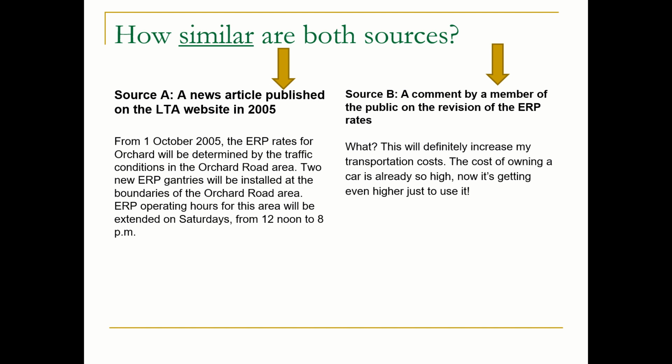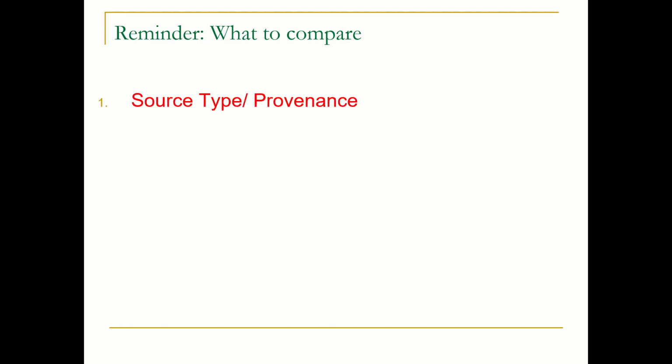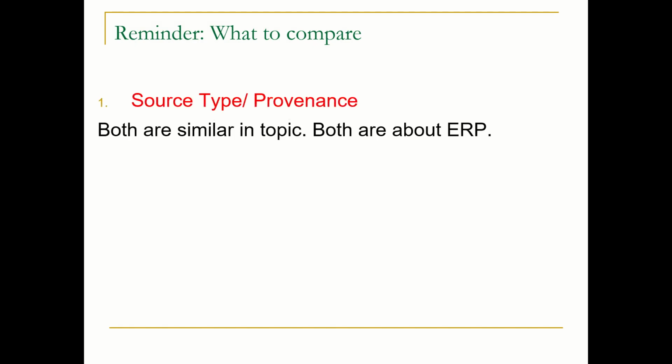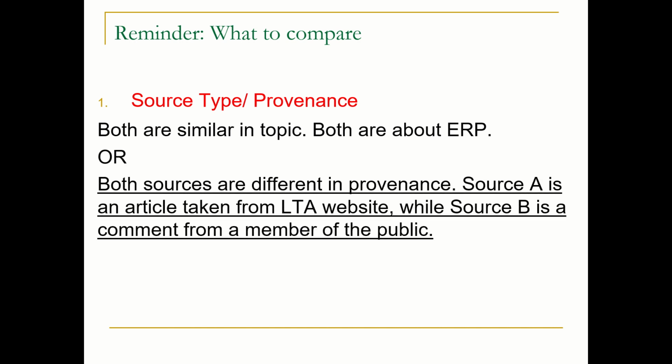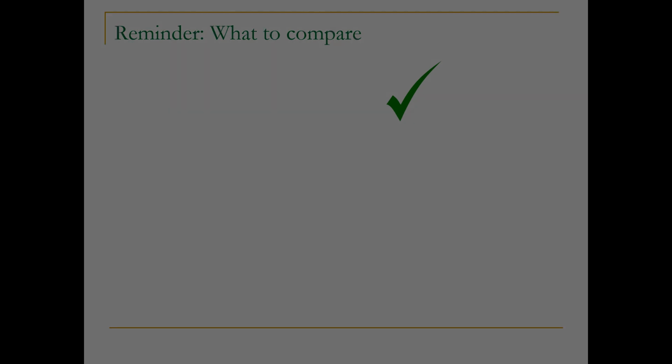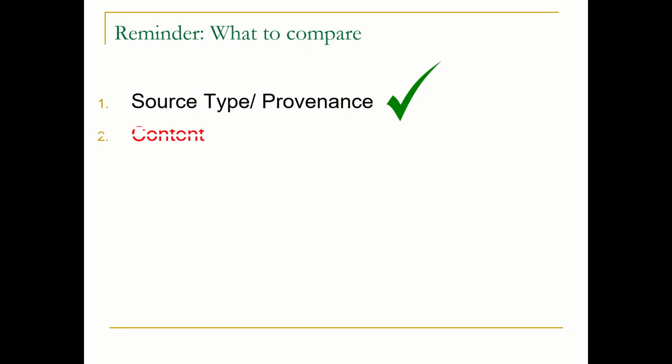So if I want to write out my low level comparison, then I will say both sources are similar in topic, both are about ERP, or both sources are different in provenance. Source A is taken from the LTA website, source B is a comment from a member of the public. You realize that I am just writing one because it's just a safety net, no need to worry too much about it. Once I have secured my safety net, I am moving on to content.